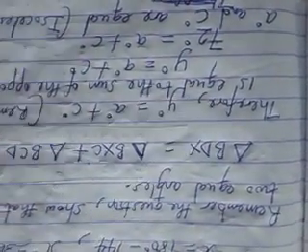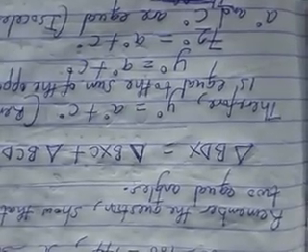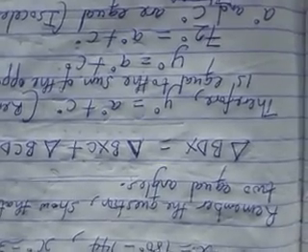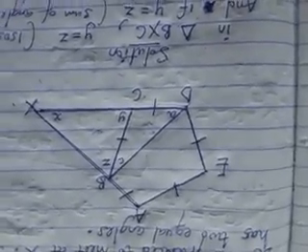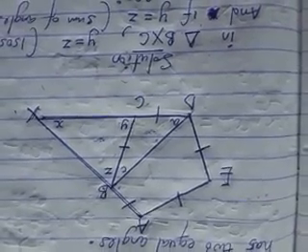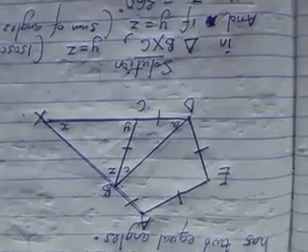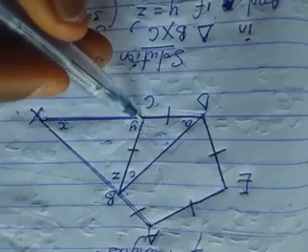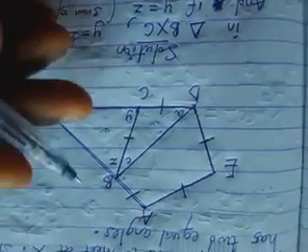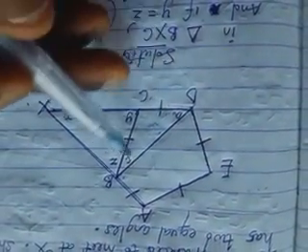Since we know that y and z are 72, true or false? True. y and z are 72. Remember the rule of triangle. I told you that the sum of angles in a triangle is 180 degrees, and the exterior angle is equal to the sum of the opposite interior angles.